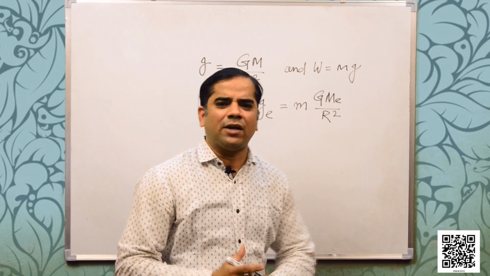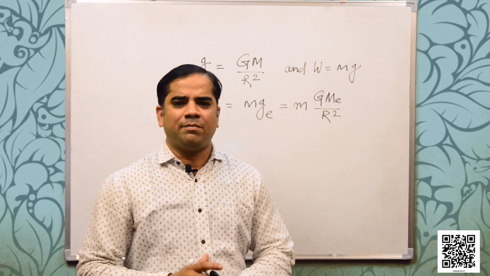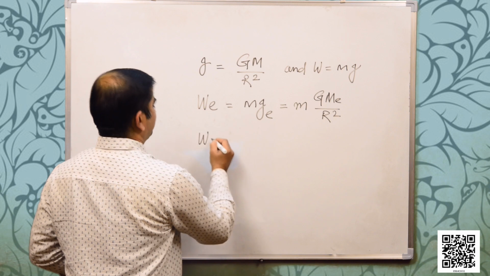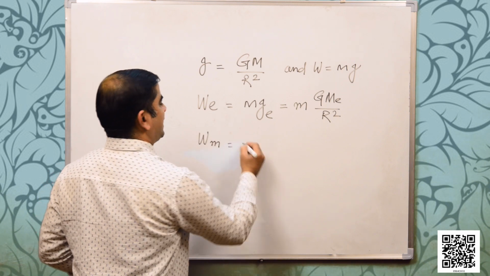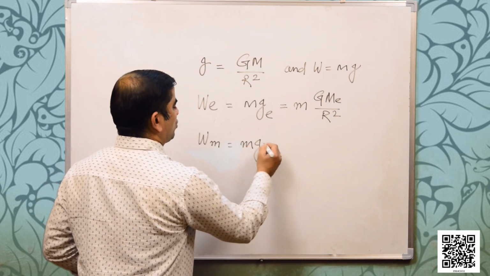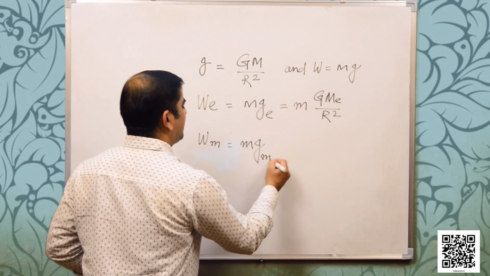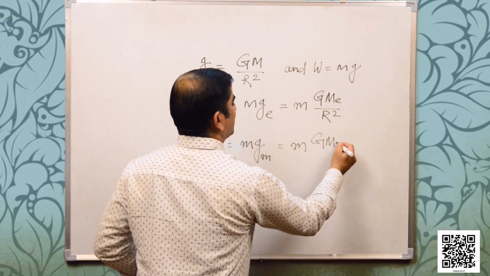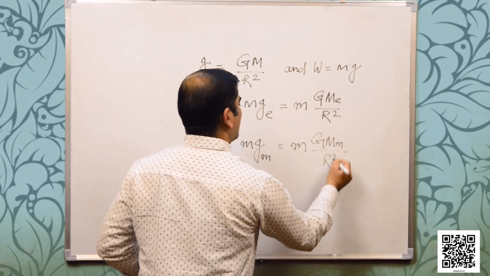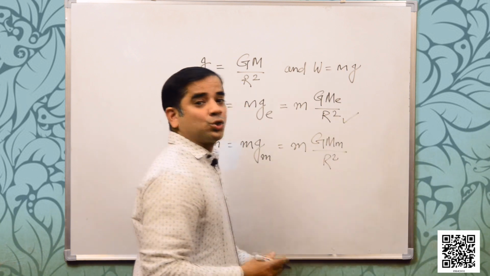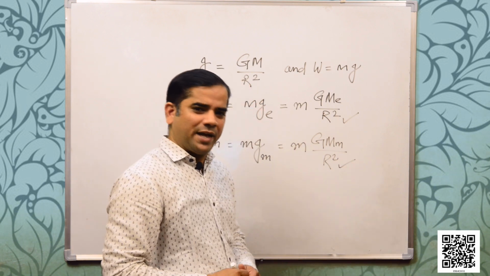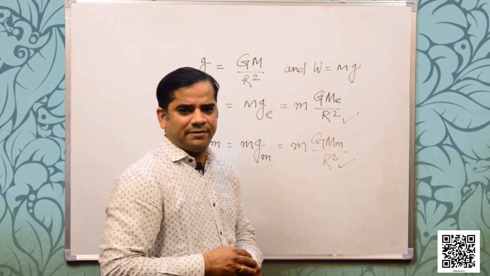Fine. So, weight of a body of mass m on moon is Wm, that is mass into acceleration due to gravity at moon, G M_moon by r square. This is the square of the radius of earth and this is the square of the radius of moon. We have already discussed these things.